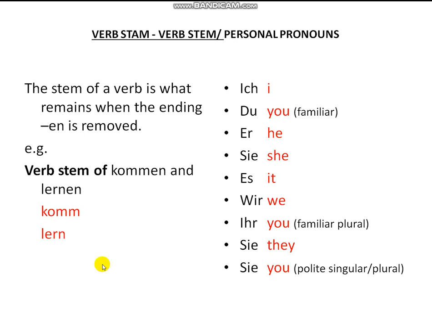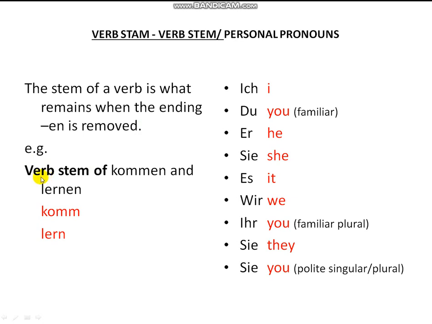We also need to know what a verb stem is. A verb stem in German is Verb Stem. We are going to learn the verb stem of a verb and the personal pronouns in German. The stem of a verb is what remains when the ending en is removed.